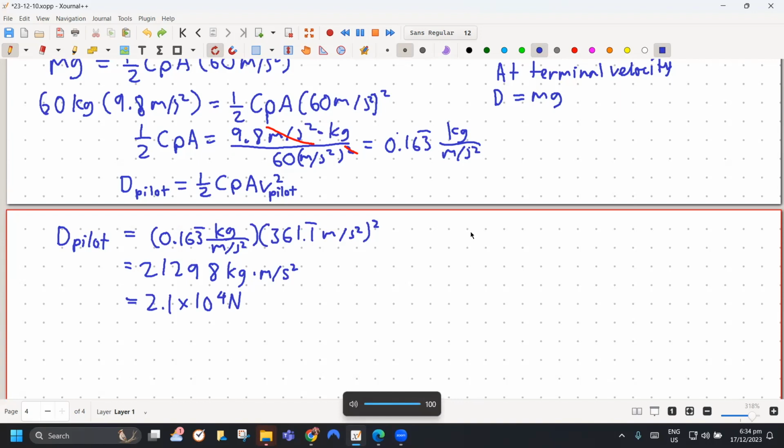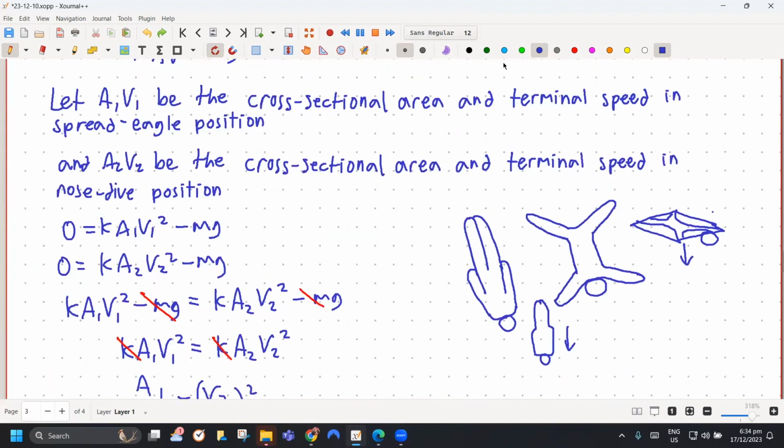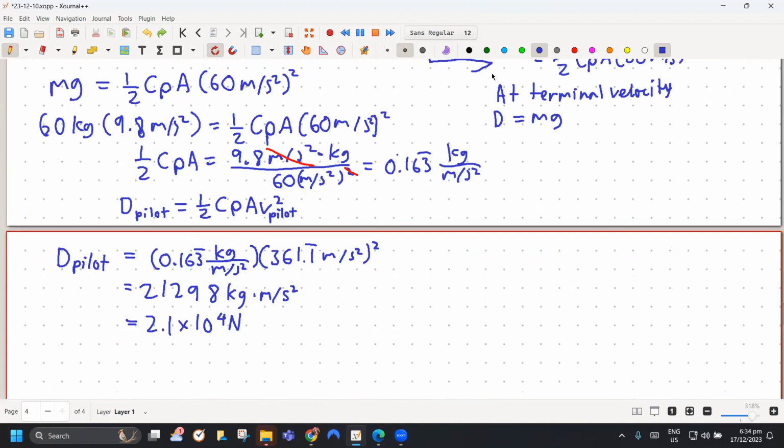Now we need to figure out the acceleration of the pilot. So here, assume that the mass of the pilot's seat is about the same as the mass of the pilot.